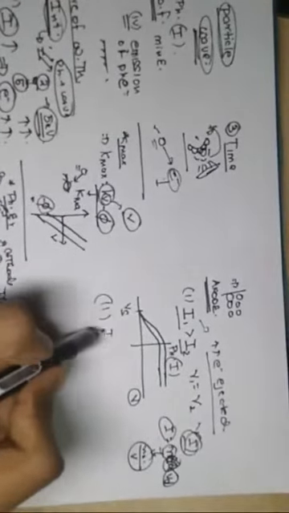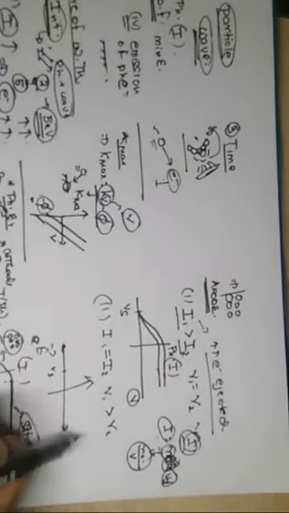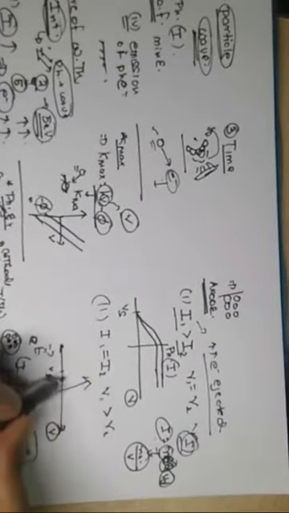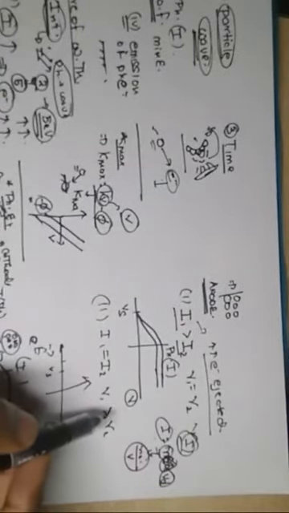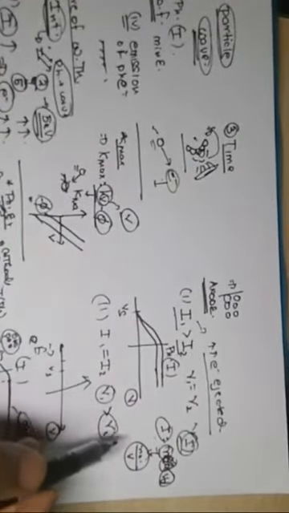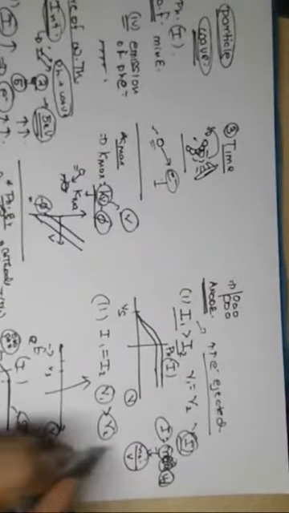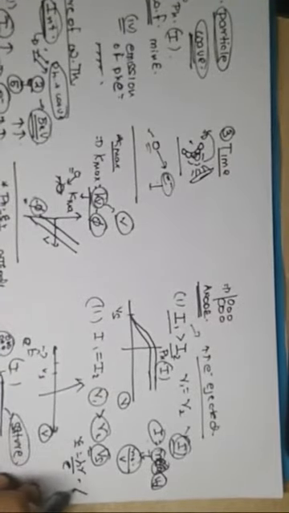Second thing is that if the intensity of both the lights is the same and one has a higher frequency than the second one, the graph would be something like this. As both the lights have different frequencies, Vs would be different for both of them, as Vs can be given by h nu by e minus phi by e.